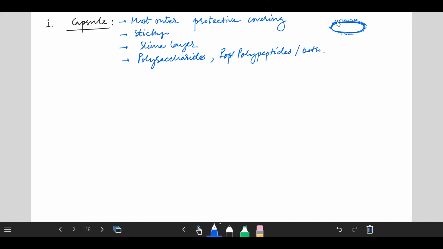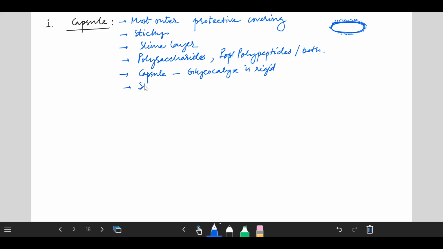If this glycocalyx is organized in a tight matrix and is rigid in nature, that is known as capsule. So when the glycocalyx is rigid, that is capsule. Now, if the glycocalyx is more easily deformed and loosely attached to the cell wall, that is known as slime layer.